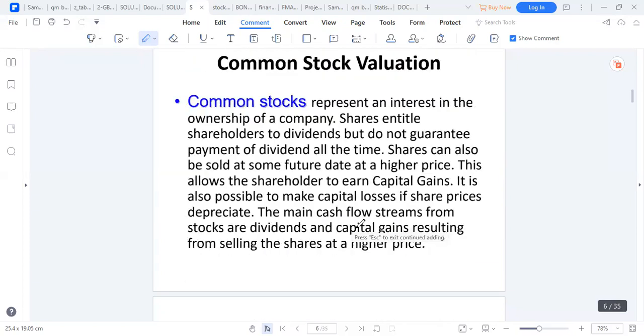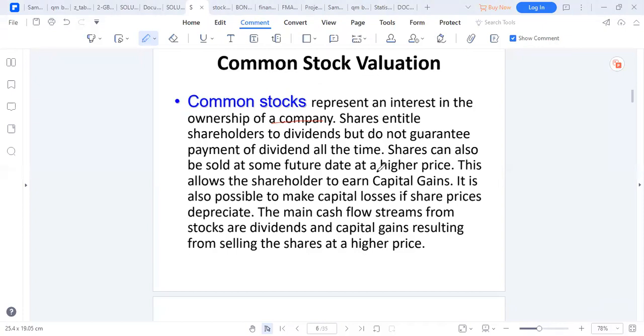Common stock represents the interest of ownership of the company. These are the real owners of the business and are entitled to decision-making because they own what are called voting rights. Now, these shares also entitle the shareholders to dividends, but they're not guaranteed that they'll always be paid a dividend because in a bad year, they'll forfeit their dividends.